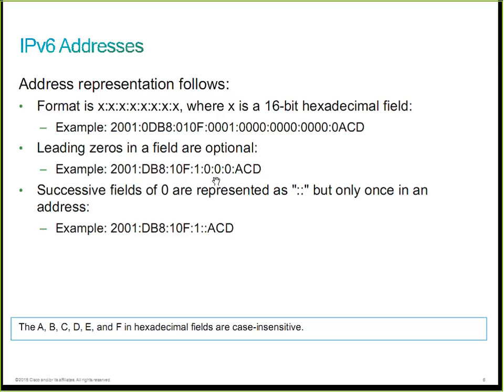Also, if you have multiple successive fields of 0, they can be combined together and represented as a double colon. So effectively, this single IP version 6 address can be compressed down to this kind of value. That makes it simpler.